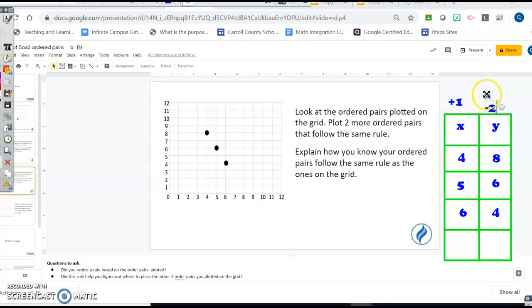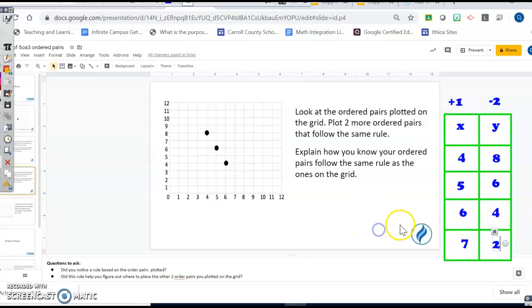And then if I wanted to find my other points, my next x would be 7. And again, if my rule is adding 1 in the x, then each time the y is going to go down by 2. So my next y coordinate would be 2.